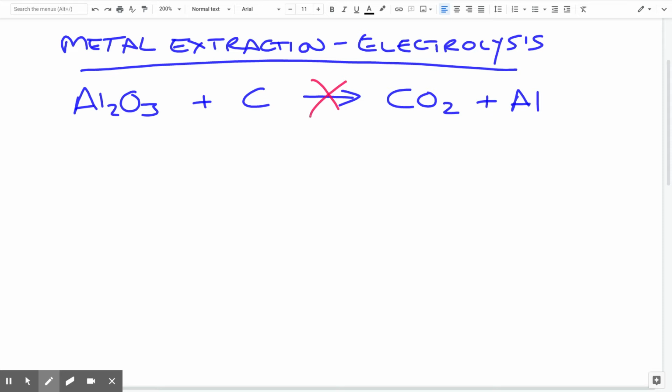So this reaction doesn't proceed, and we don't get a reduction reaction in the normal sense that we've looked at with, for example, copper and iron.